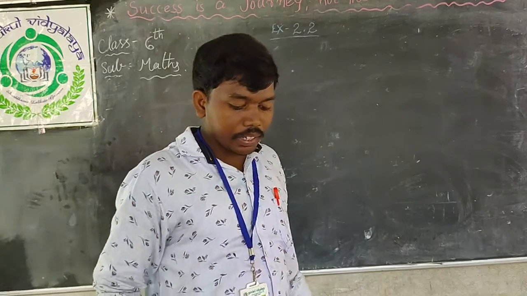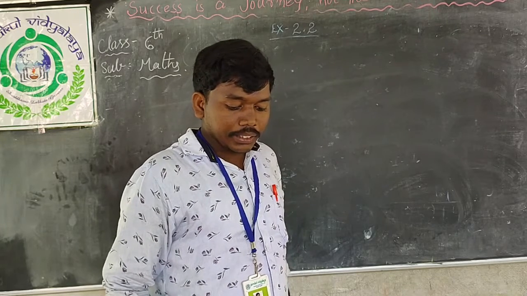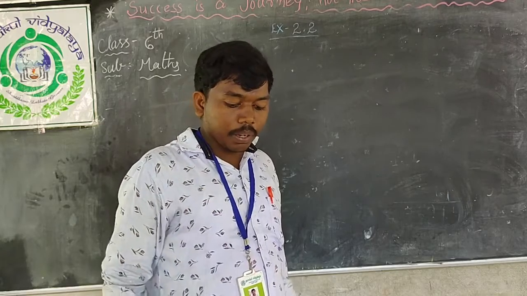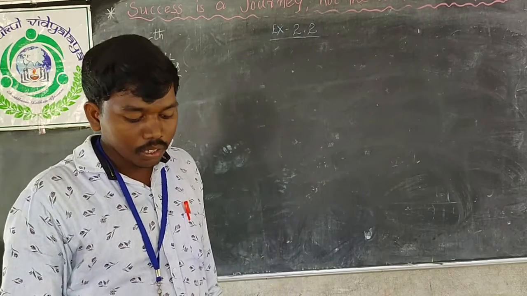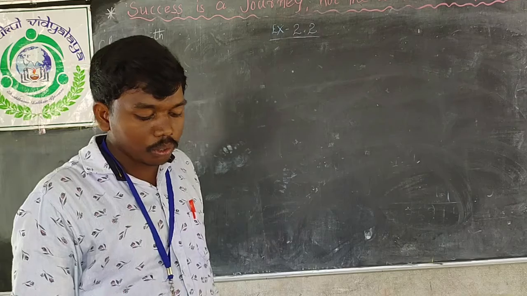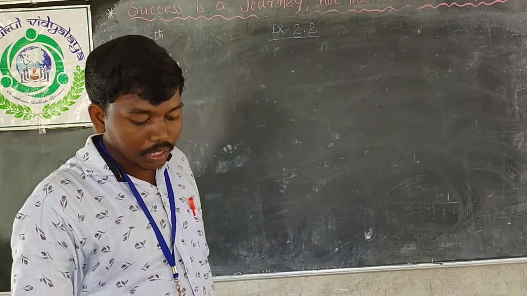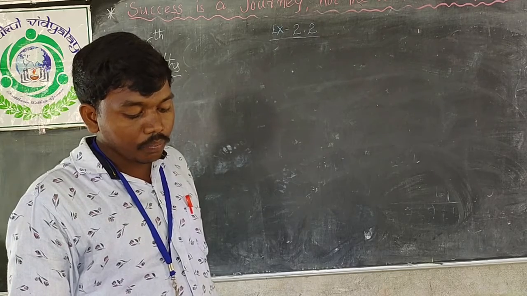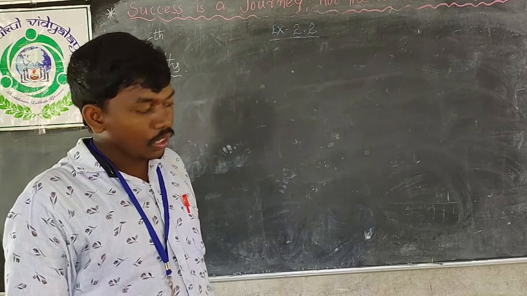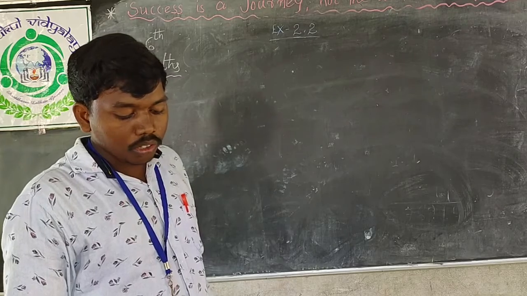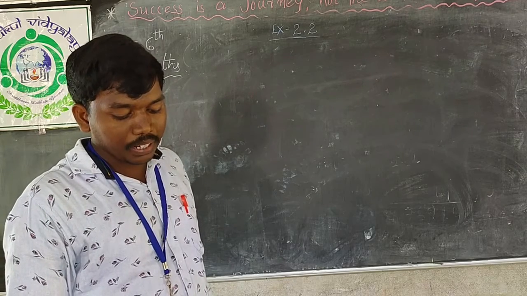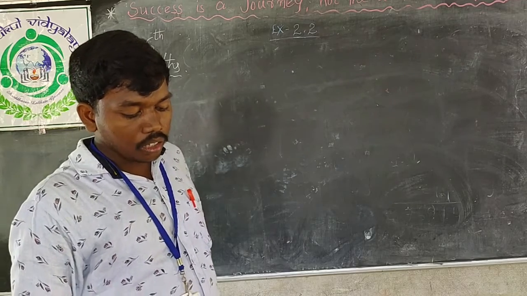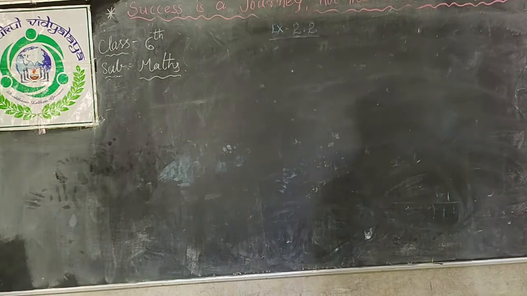A taxi driver filled his car petrol tank with 40 liters of petrol on Monday. The next day, he filled the tank with 50 liters of petrol. If the petrol costs 44 rupees per liter, how much did he spend in all on petrol?